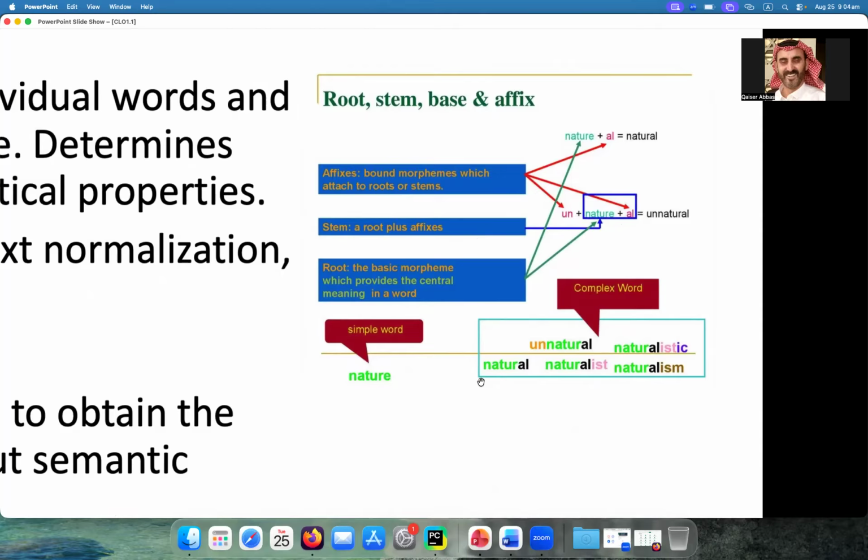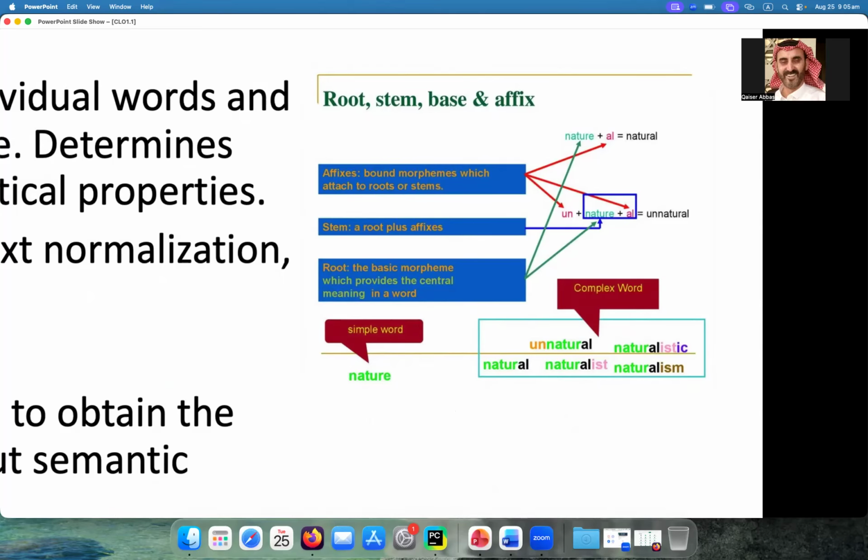Similarly with naturalistic, naturalist, naturalism, the green part is the stem. If you call it natur, this is a root but with no meaning, not existing in English. But if you call it nature, this is a root and it has meaning. So this is the lemma, and this is the stem.